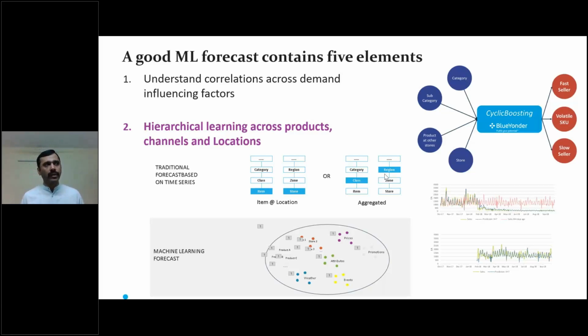In our traditional sense, we talk about the halo effect or cannibalization effects and all those kind of things, right? So can the algorithm learn that if a particular item at a given store is doing well, then in all likelihood there are 10 other items which are also going to be doing well because they have a kind of rub-off or a halo effect happening on those intersections also, right? So it's not so easy to model these kind of interactions in a traditional approach.